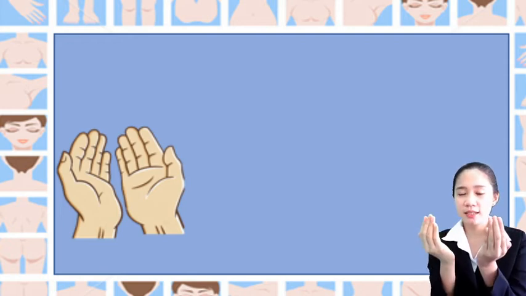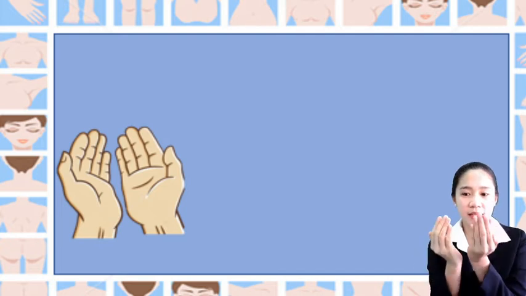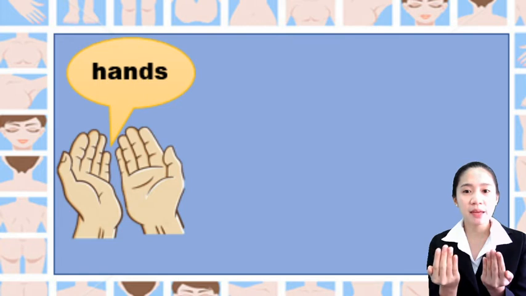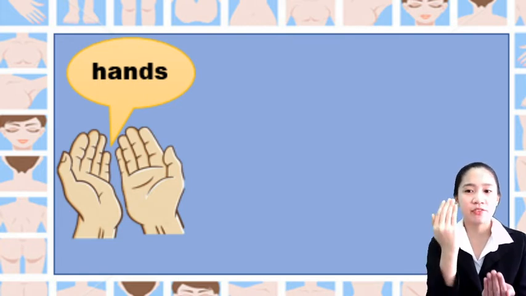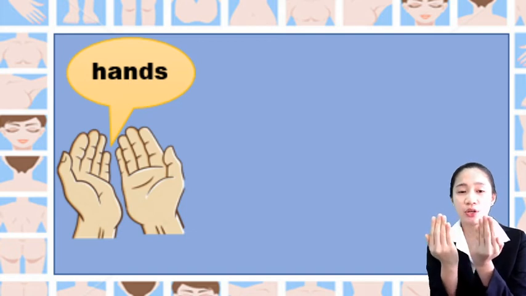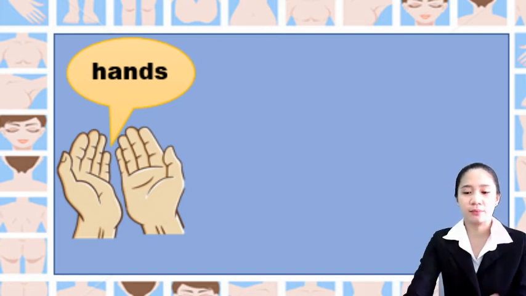What do you call this? This part of our body is what we call hands. So how many hands do we have? So we have 2 hands. Hands on the left and hands on the right.